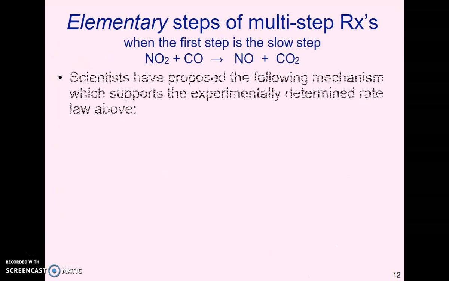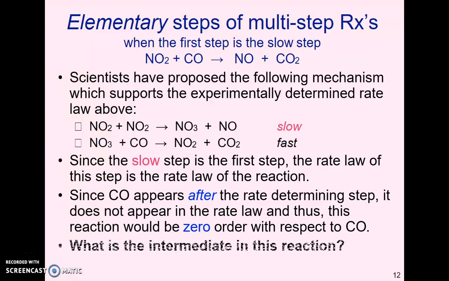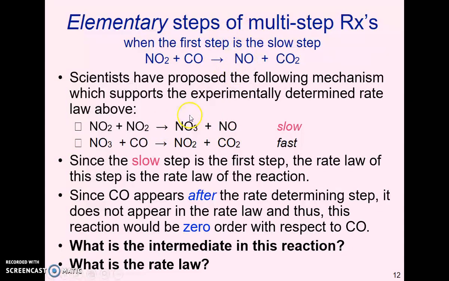So this is the proposed mechanism for this reaction. And we see in the first step, two molecules of NO2 collide, and they produce a molecule of NO3 and a molecule of NO. And we see that NO is one of the products. Then this molecule of NO3 acts in a second reaction where NO3 collides with CO, producing a molecule of NO2 and CO2.